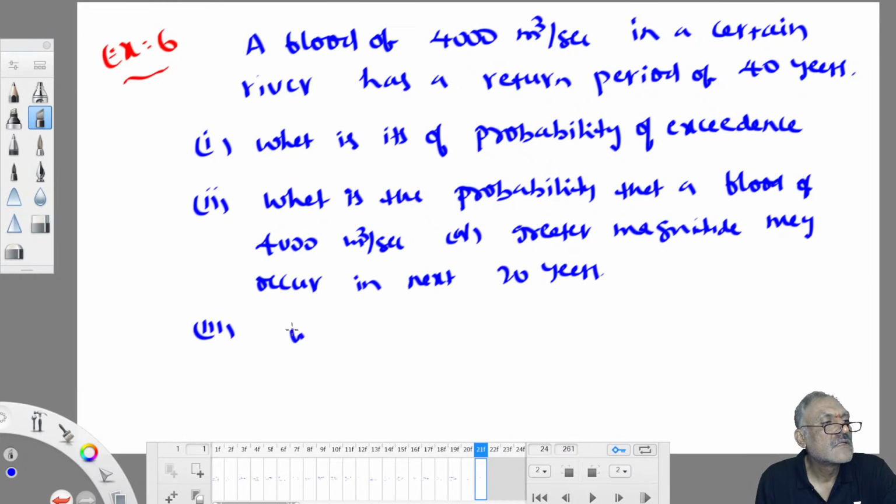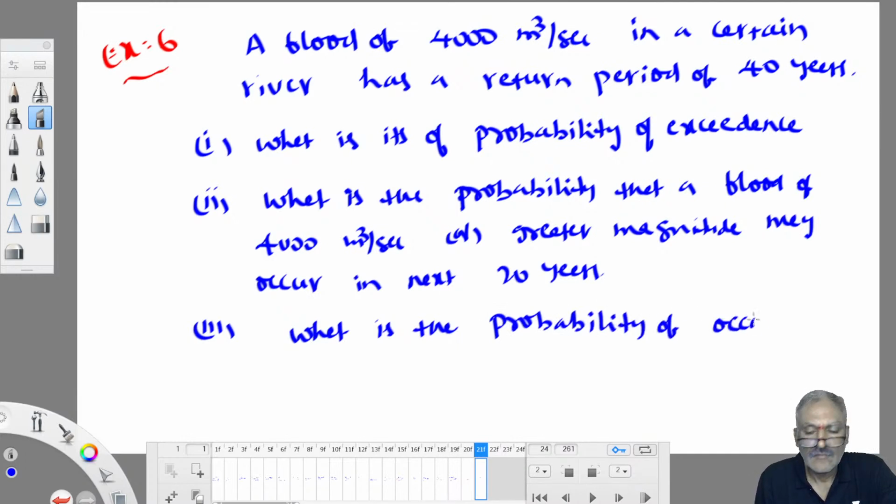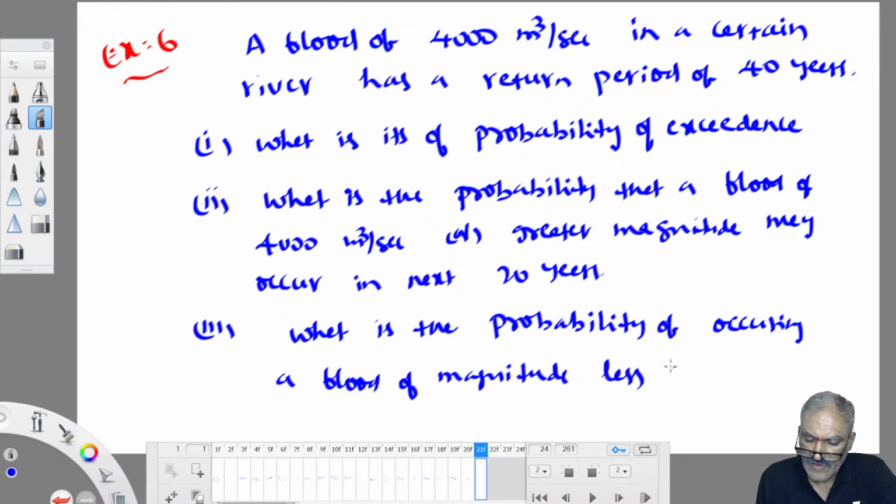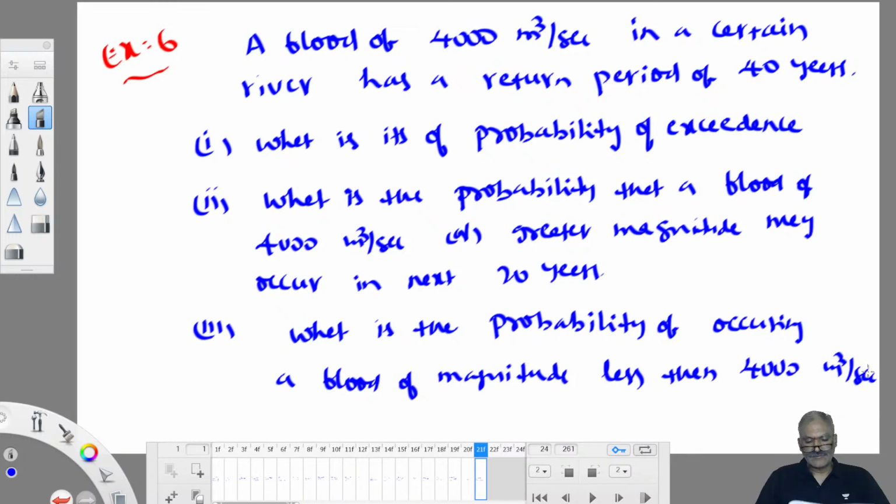Third question. Come on, this single question is solved, you will be very clear about the concept. What is the probability of occurring a flood of magnitude less than 4000 meter cube per second? Come on, try this question. I'll give you 2 minutes time, try.